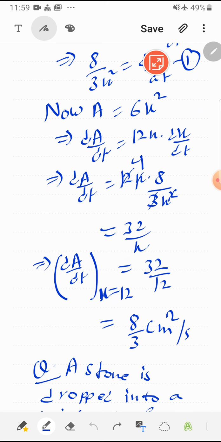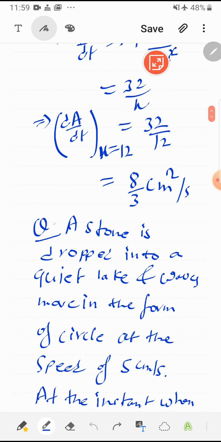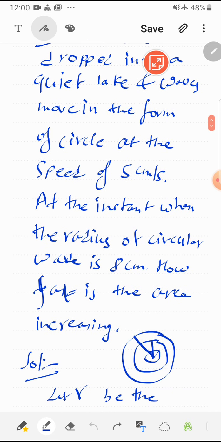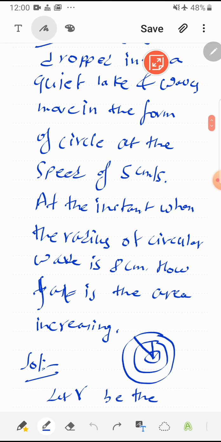Now next question is, a stone is dropped into a quiet lake and waves move in the form of circles at the speed of 5 centimeter per second. At the instant when the radius of the circular wave is 8 centimeter, how fast is the area increasing? Now it is a common observation that if a stone is dropped, then ripples are formed and area increases.